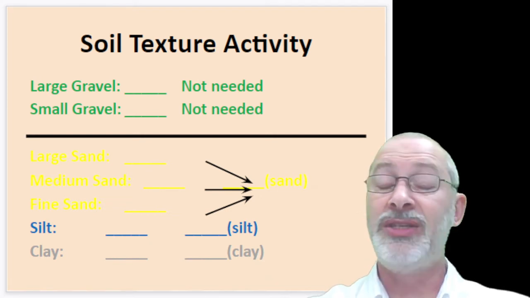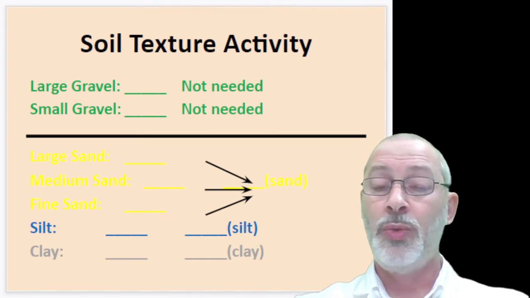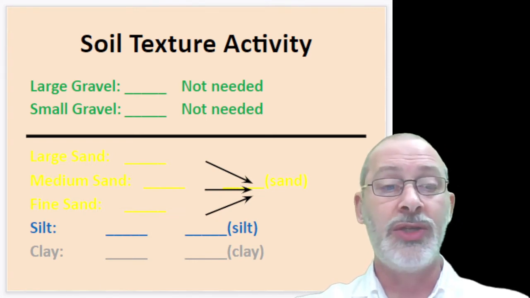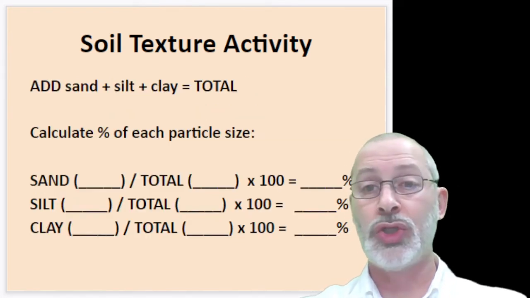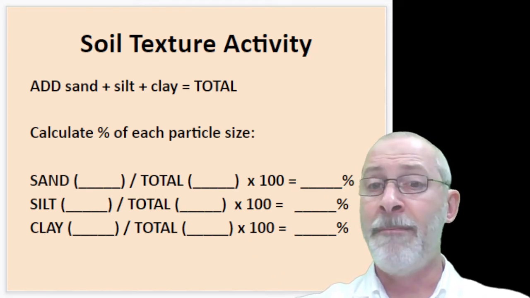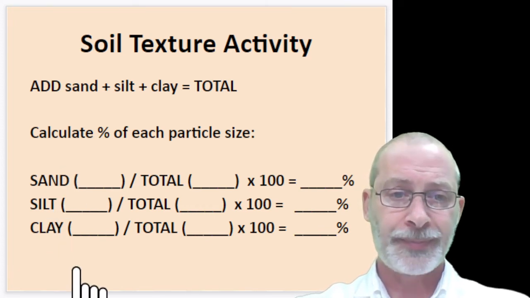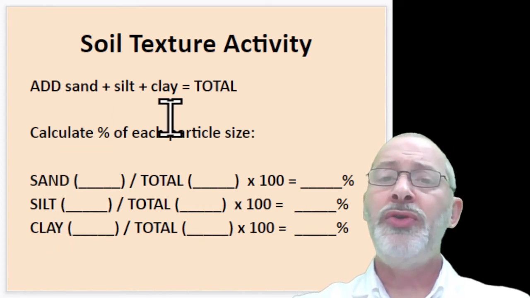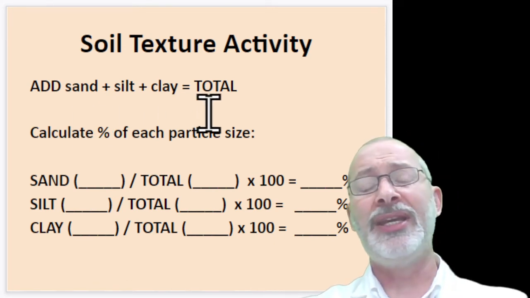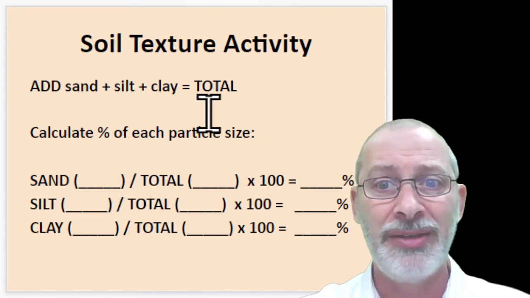I'll also show you different ways that we can go about measuring this with both dry soils as well as wet soils. So once we have the numbers of our sand, silt, and clay, we'll know that if you add those three together, that will equal the total, and the total is going to be 100%.